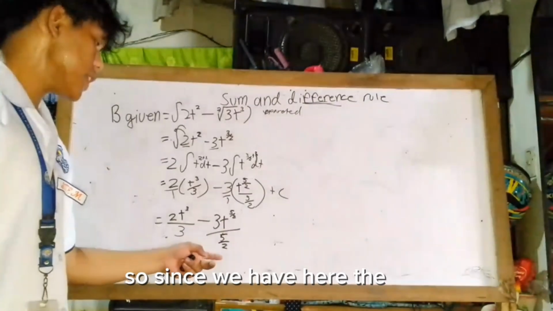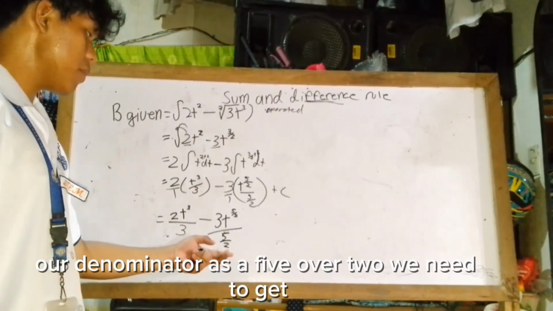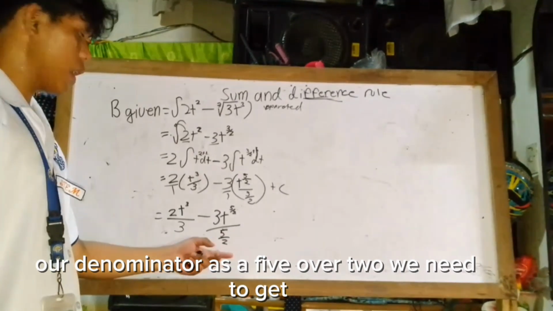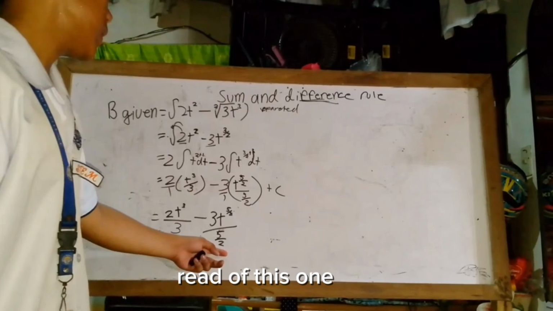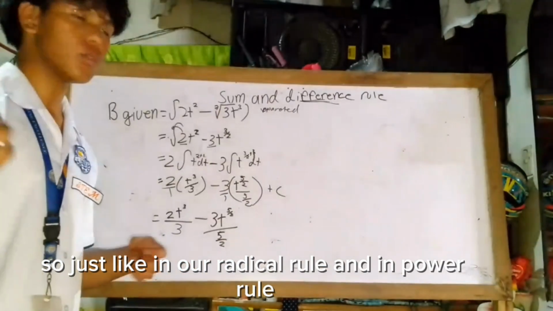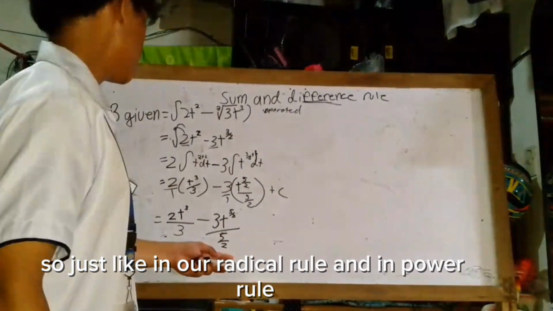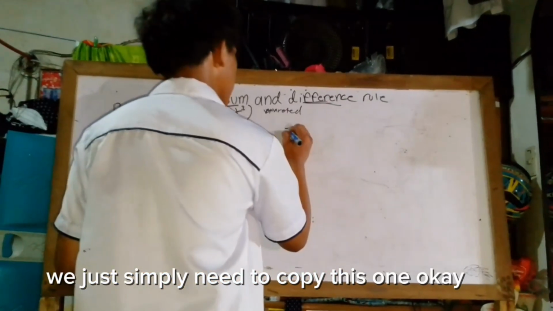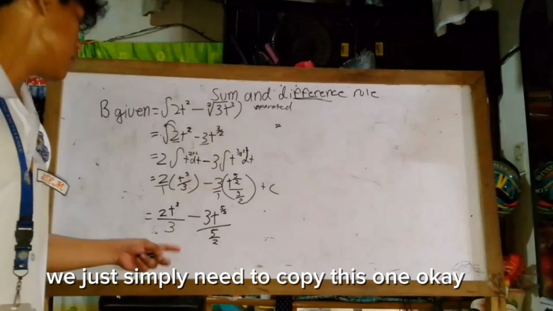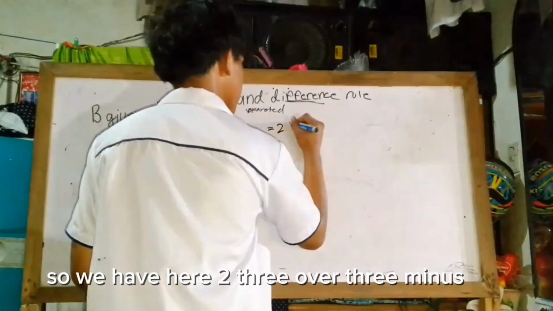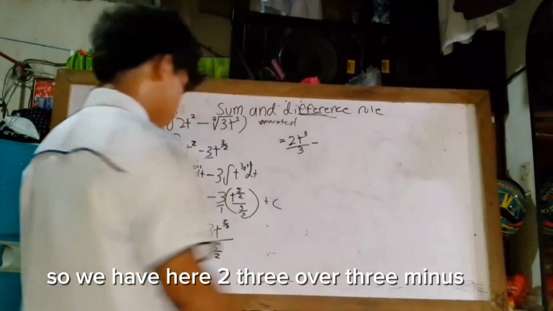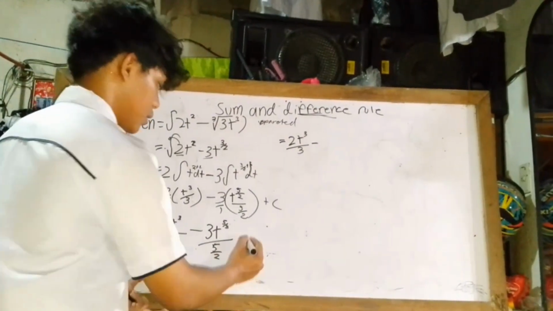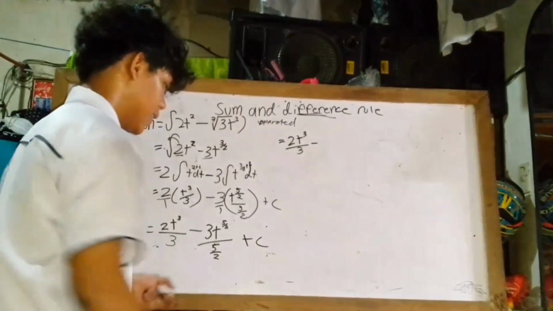So since we have here our denominator as 5 over 2, we need to get rid of this. So just like in our radical rule, in power rule, we just simply need to copy this one. Okay, so we have here 2t^3 over 3 minus, so I forgot the plus c.